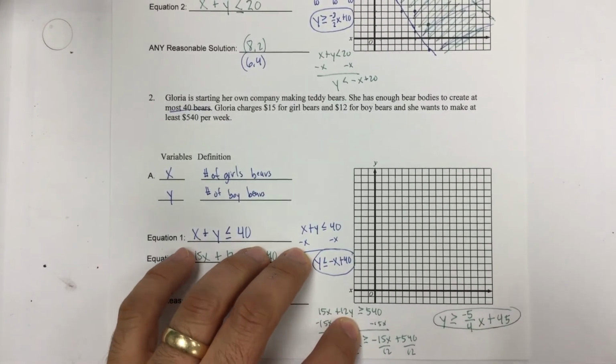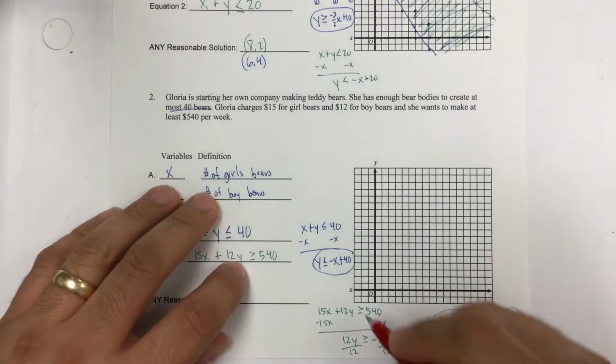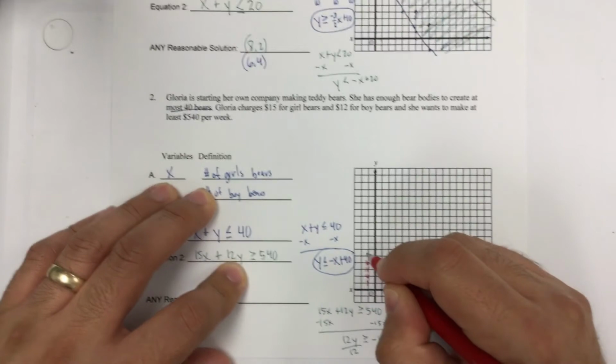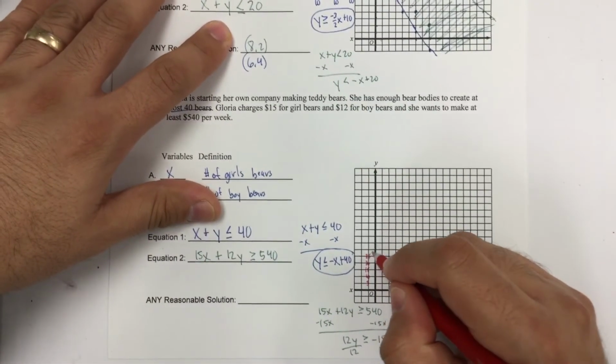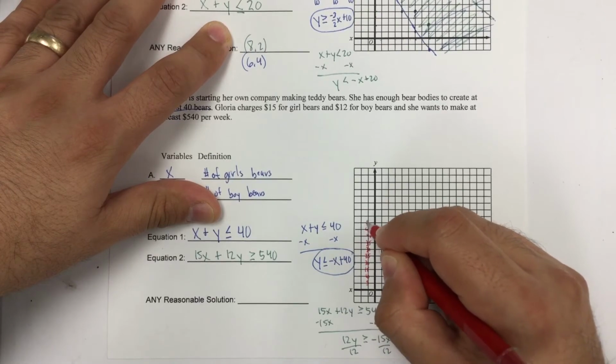Now, obviously, this is not going to fit on this paper here, so I'm going to actually change the scales a little bit. So you can go by twos. If we go by twos, we know there's 18 spaces, which is 36. So I'll probably just go by 5. So this would be like 5, 10, 15, 20, 25, 30, 35, 40, 45, 50.